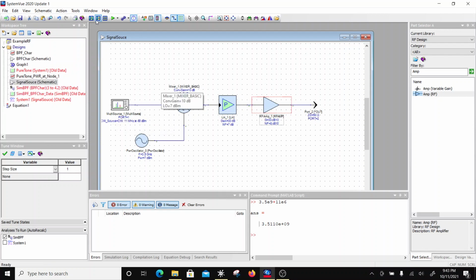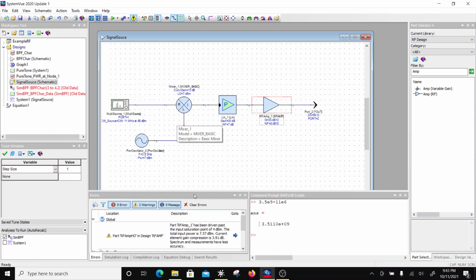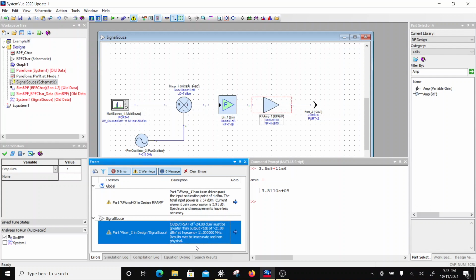So for example, let's see if I was to just run this. Okay, what's this? So it says that RF has output saturation is 24, and on a mixer the Psat is around minus 24, must be greater than output P1 dB of minus 21.